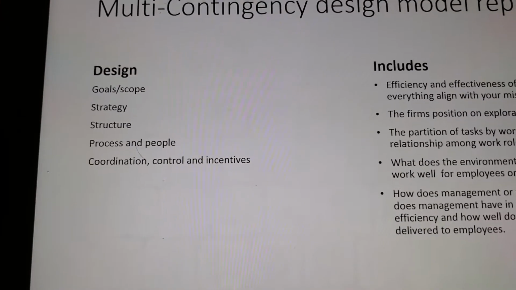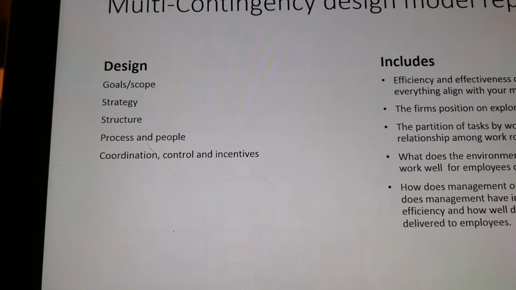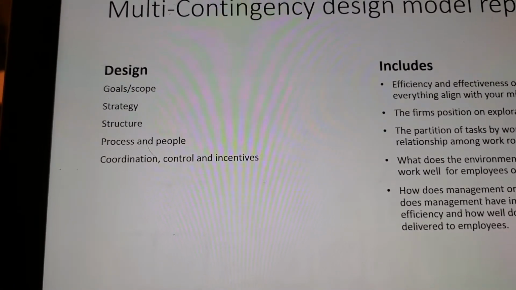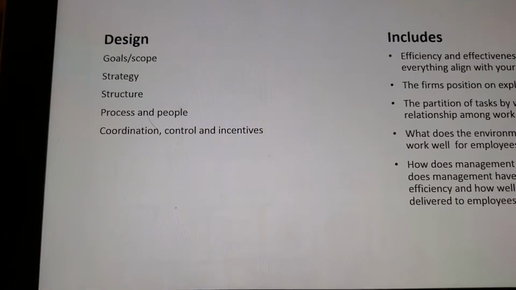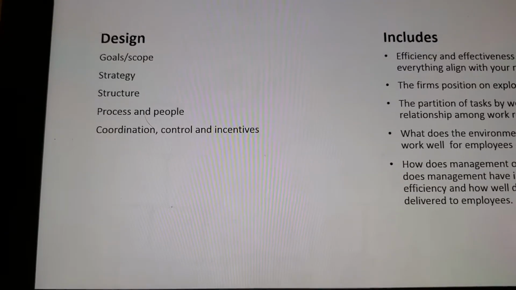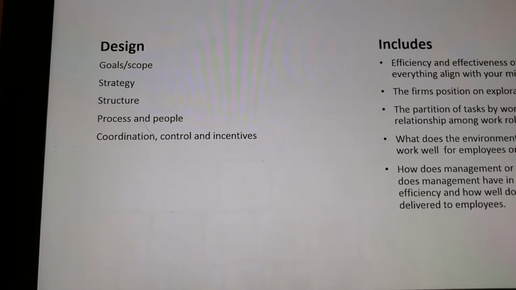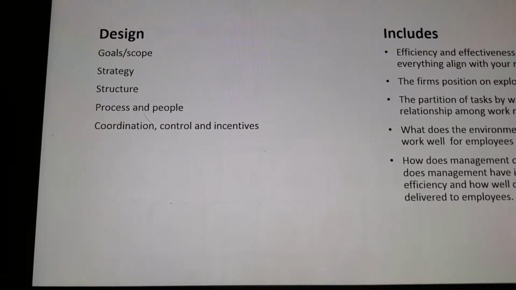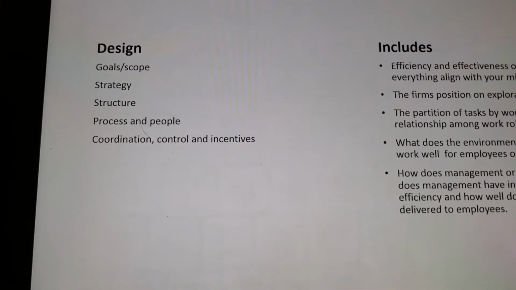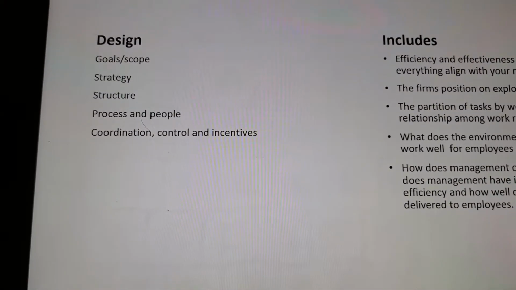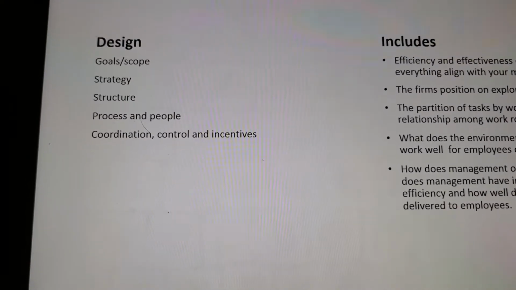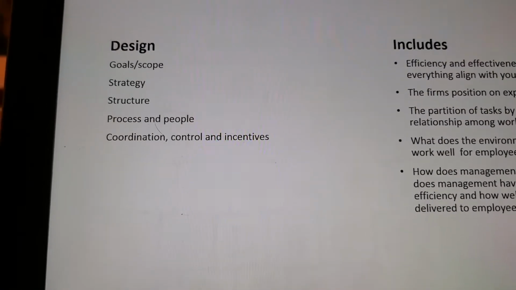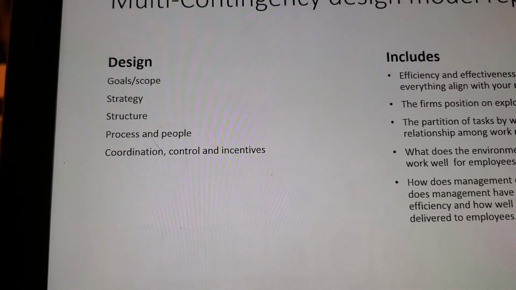The coordination, control, and incentives. What type of control system does management have in place to measure an employee's quality and efficiency? How well are they getting the information delivered to their employees? As far as measuring quality and efficiency, do they have annual reviews?